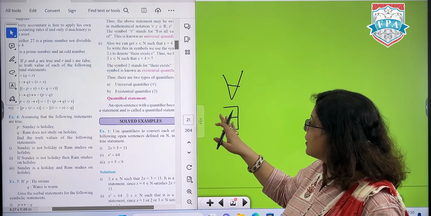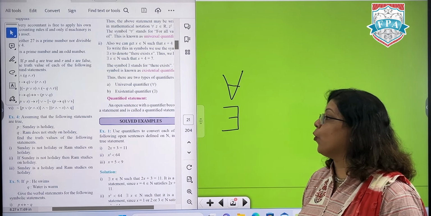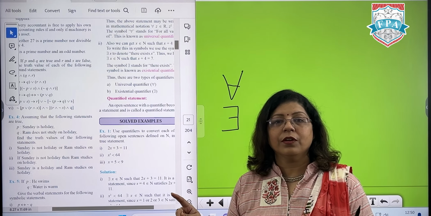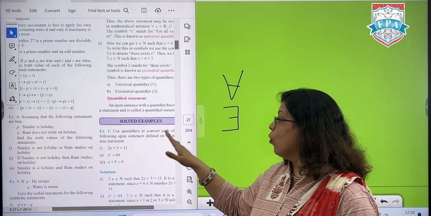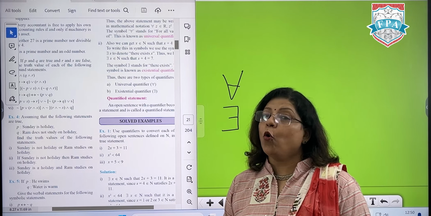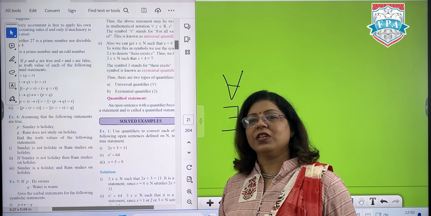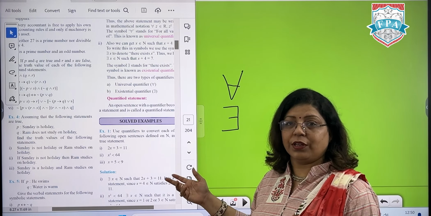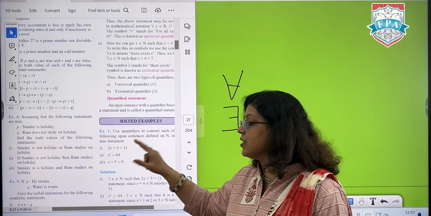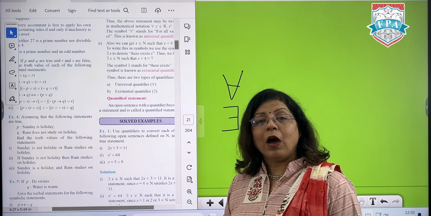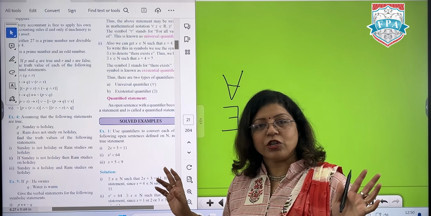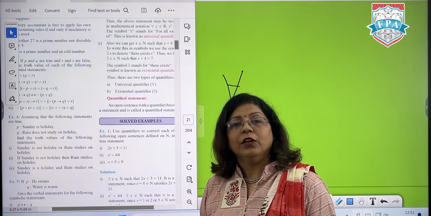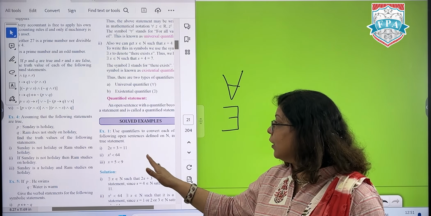Now the existential and universal quantifiers can be added to any open statement to make it a logical statement. Open sentences, as we have seen earlier, are sentences which don't have any meaning of their own. Like if we say 2x plus 3 is equal to 11. This is a mathematical equation, but what answer we get depends on the value of x. So until we have the range or value of x, we cannot take it as a logical statement.